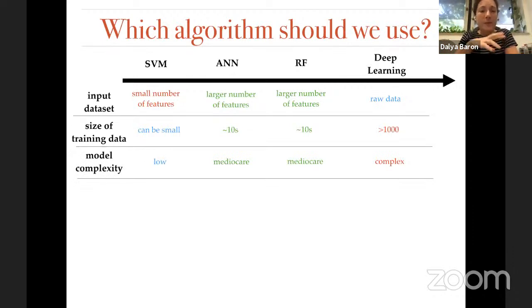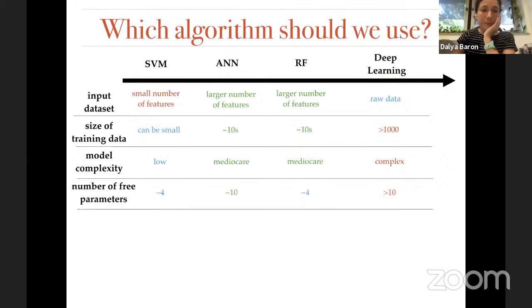Another aspect is the model complexity. So SVM is rather simple. The model does not contain a lot of parameters, whereas in artificial neural networks and in random forest, it is mediocre. There are a few parameters that are optimized during this training stage. In deep learning, we're talking about extremely complicated networks that can have even millions of parameters that are optimized during the training process.